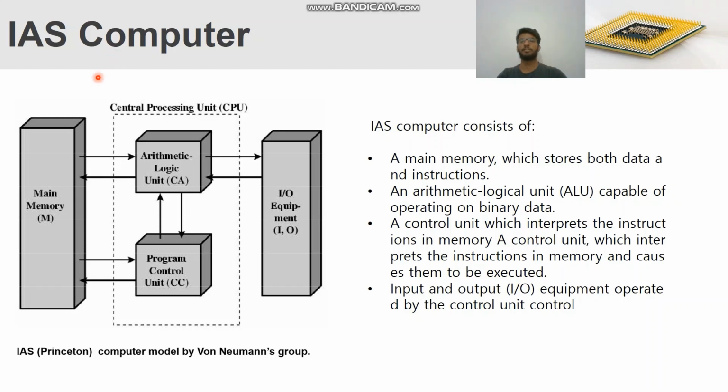This computer was based on John von Neumann's architecture. It consists of main memory, which stored both data and instructions, an ALU capable of operating on binary data, a control unit which interprets the instructions in memory and causes them to execute, and input and output equipment operated by the control unit.